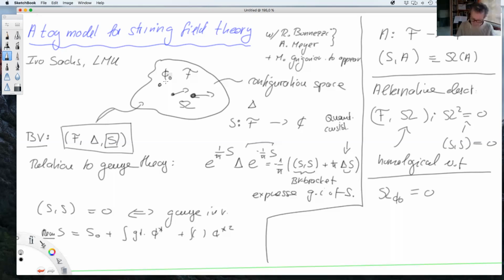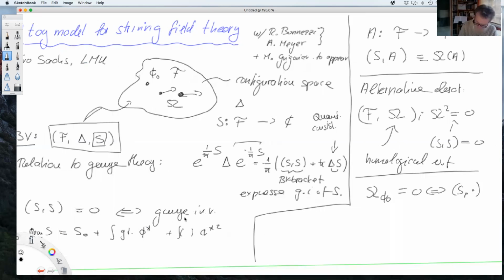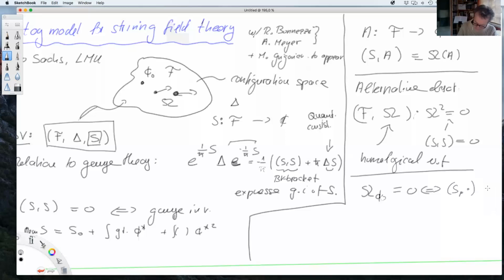Well, if I go back to the definition of the vector field, it seems that means that this is equal to 0. But that is a critical point. So that means that the first derivative of the action vanishes.